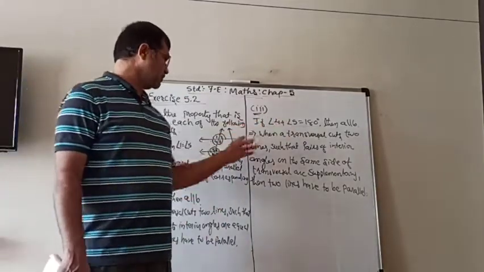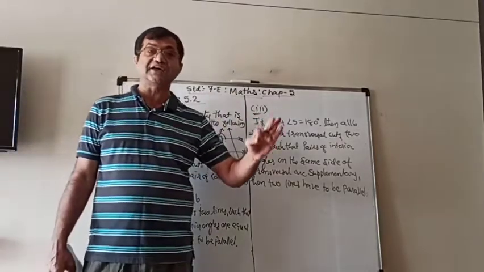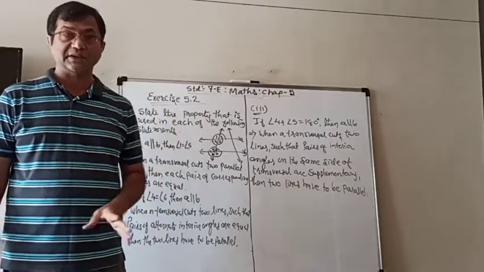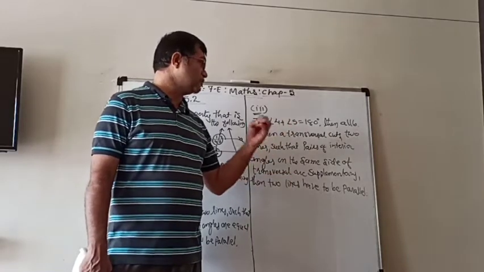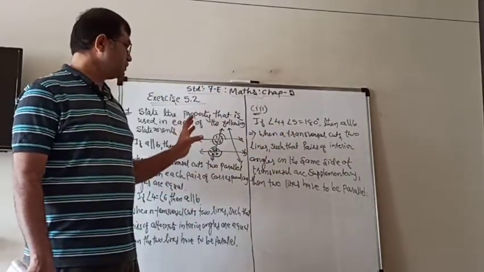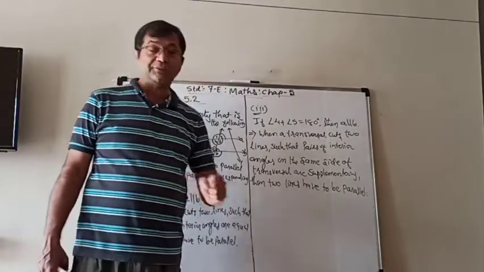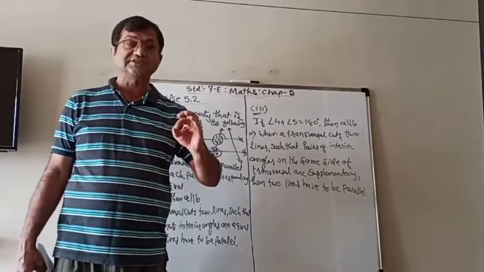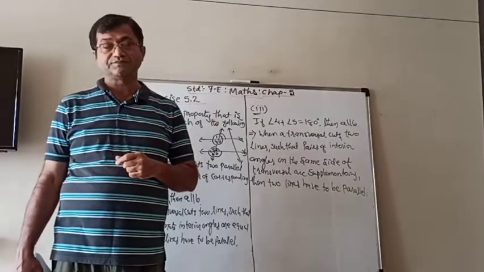And here we saw that 4 and 5 are interior angles on the same side of the transversal, and they were supplementary. It means that the lines have to be parallel. So by this method we can do the sums, but the main important thing, as I told you, is that you have to remember all the 6 conditions in your mind.